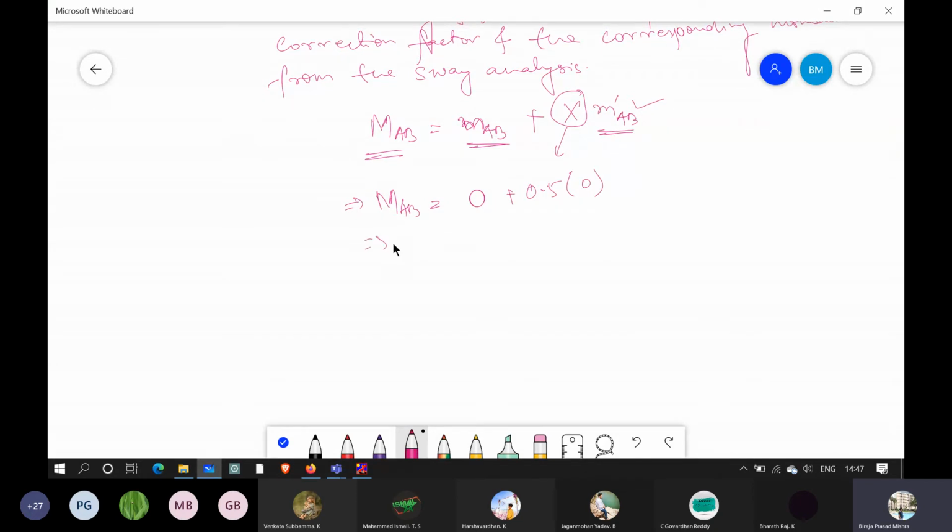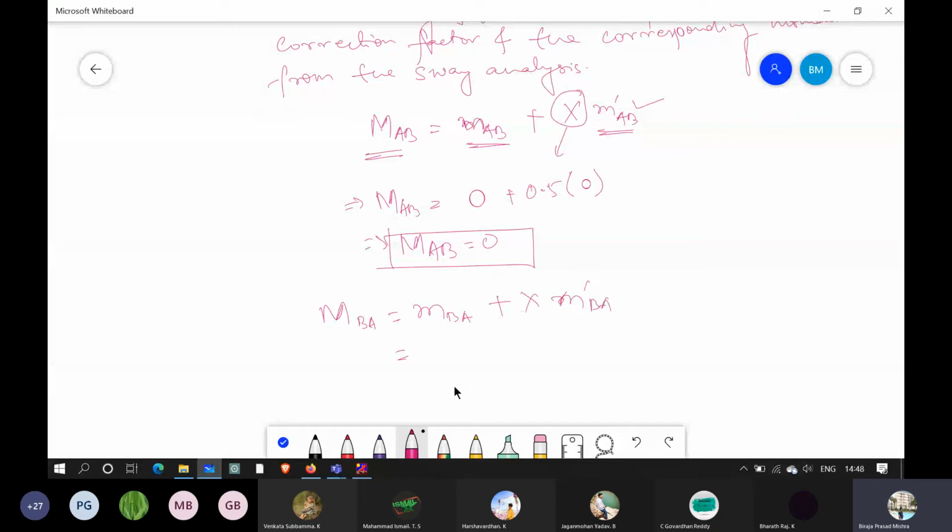Similarly, MBA equals small MBA plus X into M bar BA. Please tell me how much is small MBA?